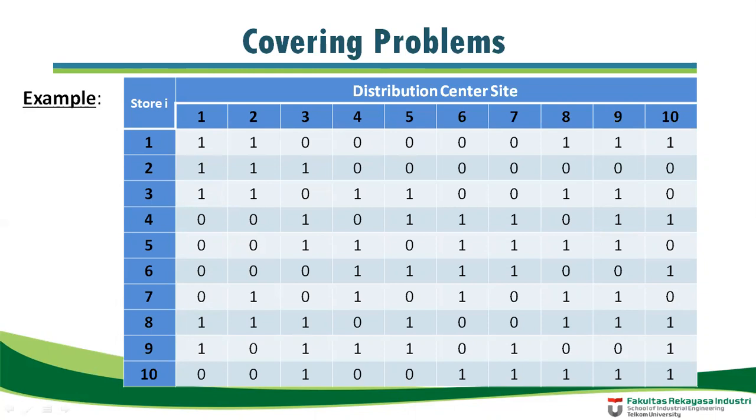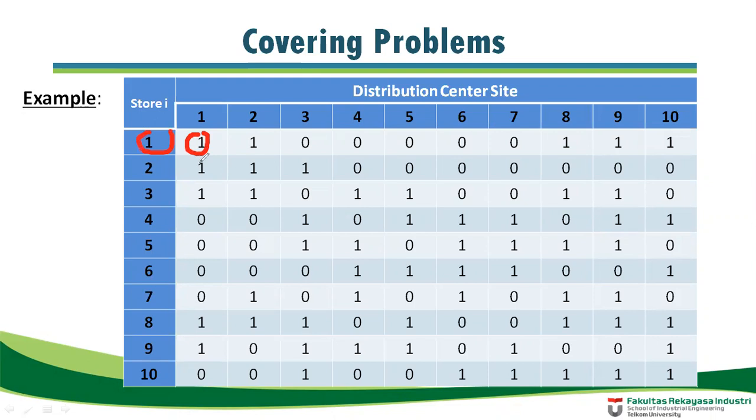So by using the information, I can see that each DC has different destination stores. For example, DC number 1 only serves store number 1. So 1 represents that they serve, and 0 means they don't serve the stores.